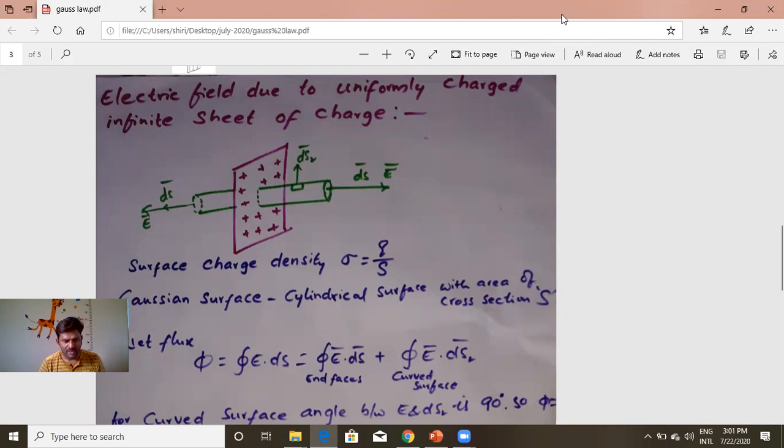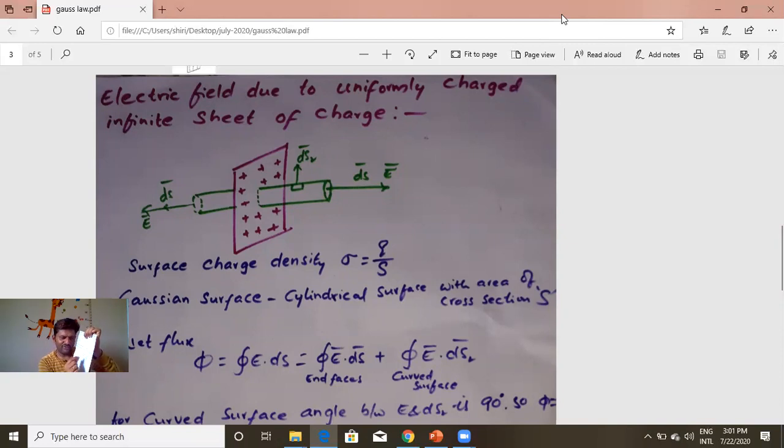Here also every time we use the word infinite, it means this is the sheet, this is charge, and we need to calculate the electric field at a very nearby point, suppose here. The charge is uniformly distributed over the entire surface.